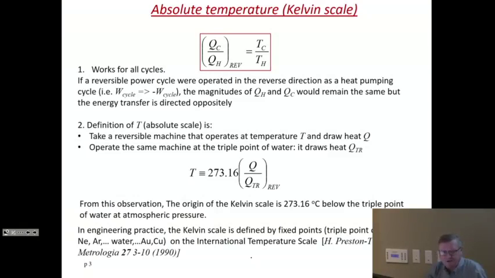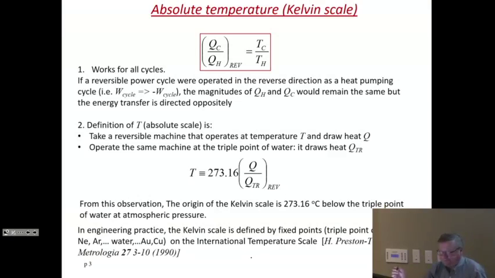This works for all cycles. Now, if a reversible power cycle were operated in reverse direction, it would be a heat pumping cycle. In other words, the W out for the power cycle would be the W in for the heat cycle. Then the magnitudes of QH and QC would also remain the same, but their signs would be opposite.